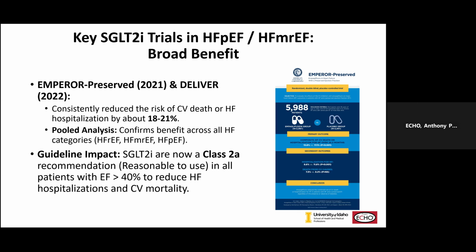I think the risk was like 0.77, so like a 23% reduction. So guideline impact, the SGLT2s have now gotten a class 2A. It's reasonable to use. It's not quite as strong as the HFrEF use, but it is recommended, reasonable to use in all patients with an ejection fraction of greater than 40. So next slide.